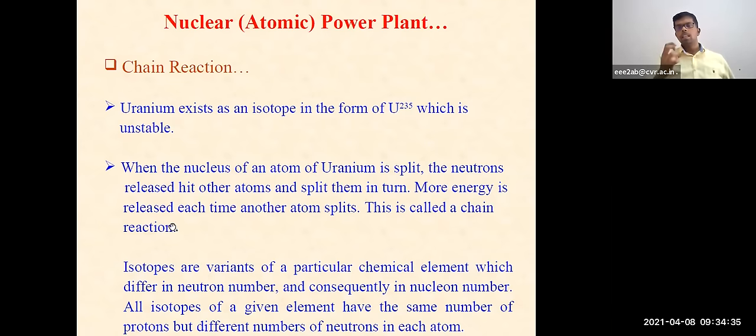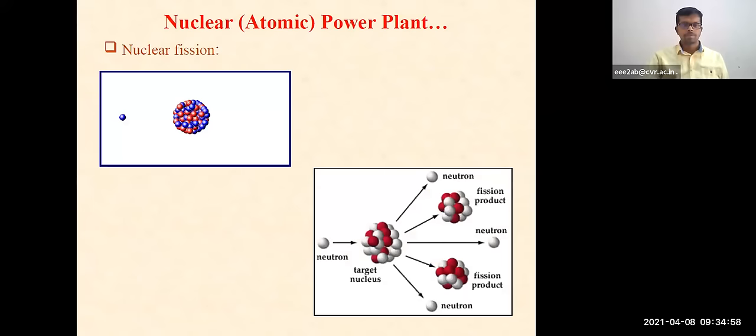More energy means you can generate more power, so more energy is directly proportional to power produced. If more energy is produced, power production will be more; if less energy is produced, power production will be reduced.